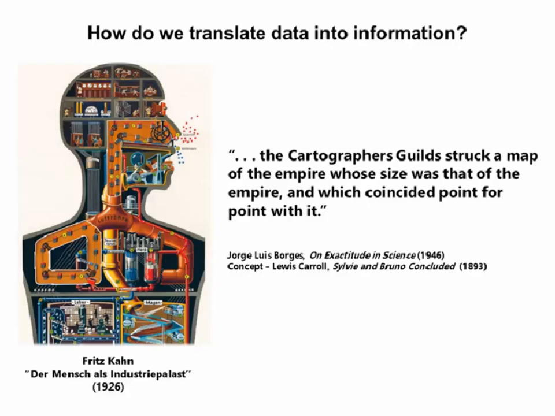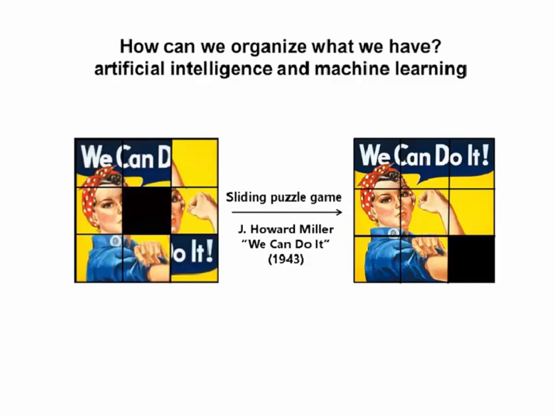So what we do is we use machine learning algorithms to let the data sort itself out. And so this is a little akin to the sliding puzzle game, which I'm illustrating here. And this is an approach which is used in a lot of internet commerce and other areas. For example, Amazon might try to make a prediction of what you would like to do in the future by making a picture of you, and that is represented by one of these tiles.